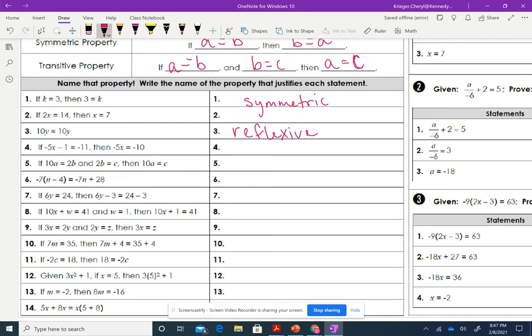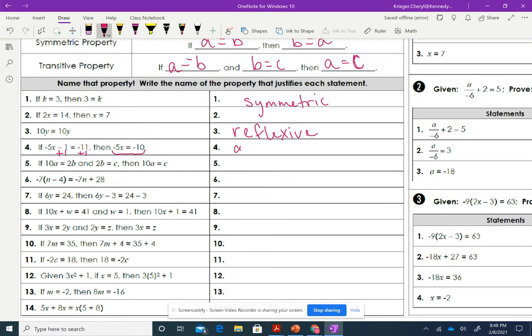Number 4. If negative 5x minus 1 equals negative 11, then negative 5x equals negative 10. So this is an if-then. How do we get from the first part to the second? Well, you guys can see they added 1 to both sides of the equal sign. If they add 1 here and here, then you get this statement.